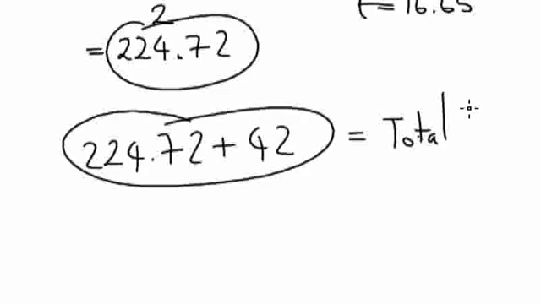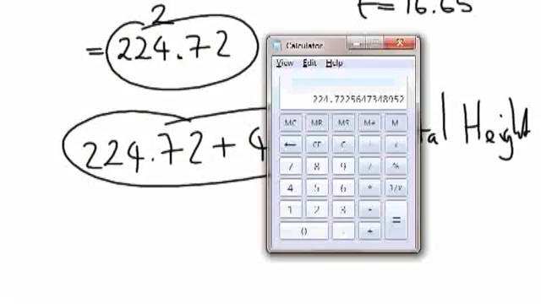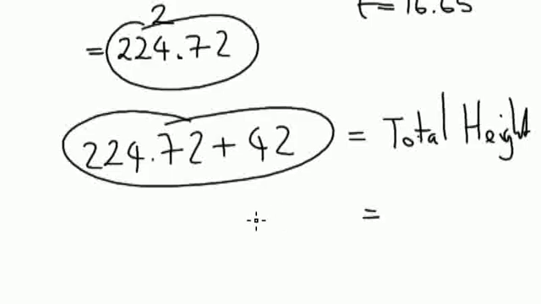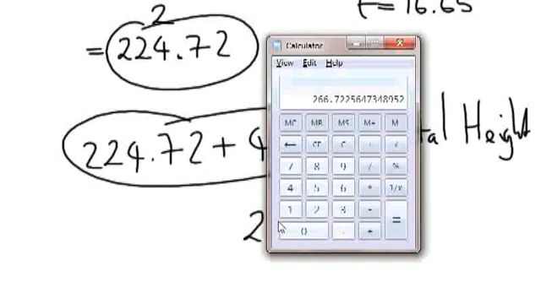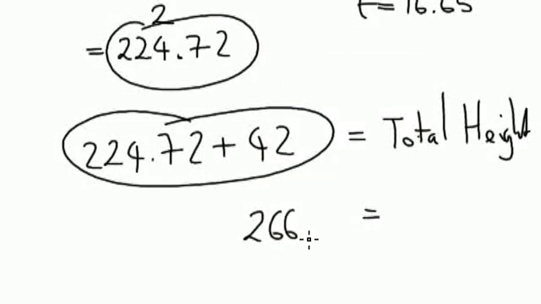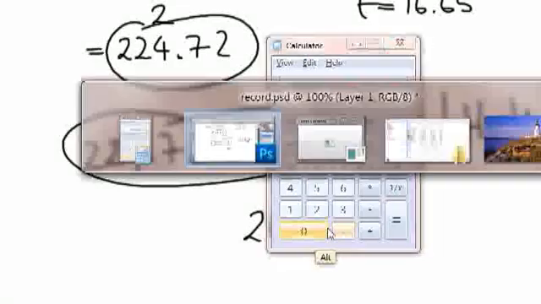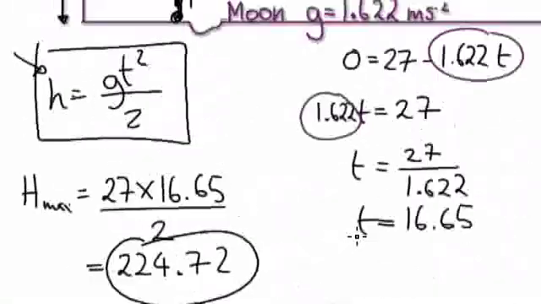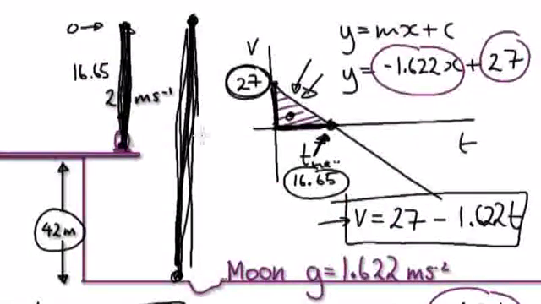Total height would be that, so let me just add the two together: plus 42 equals 266.772. So the total height here was given by that.